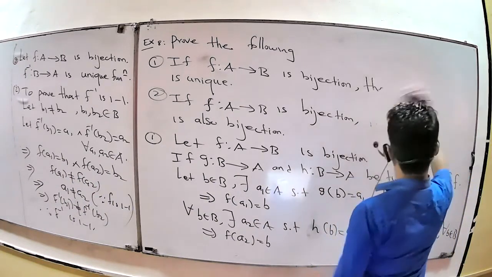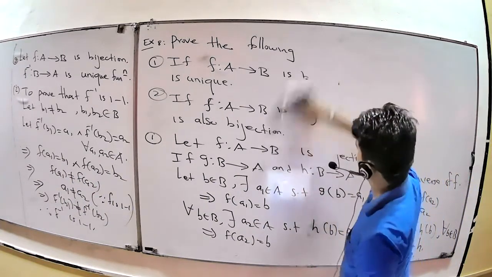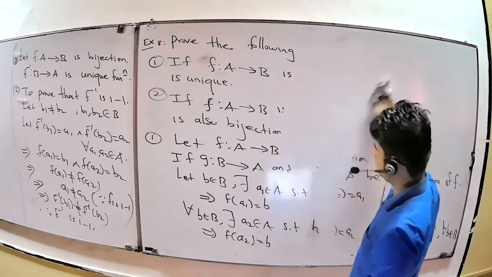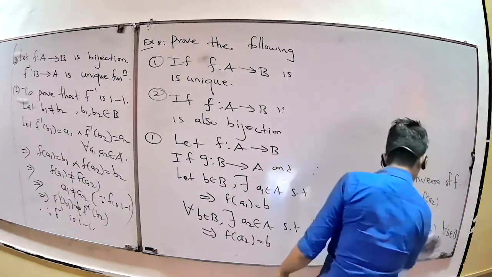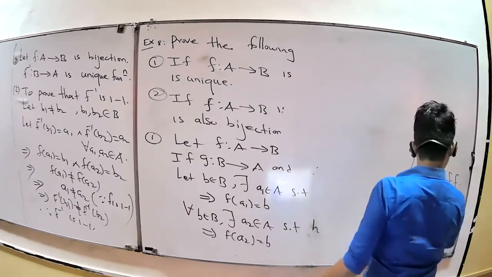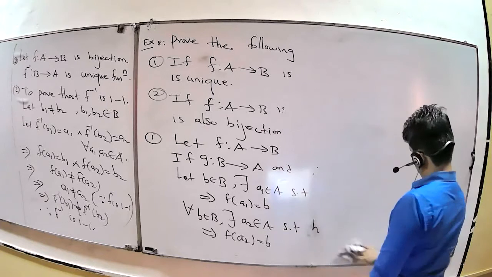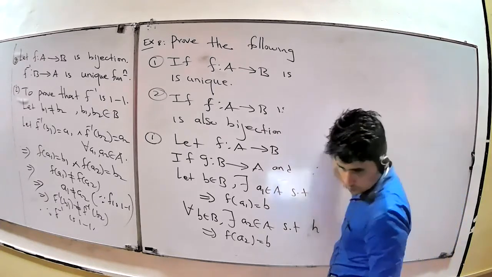Now, because you want to show that f inverse is a bijection, the remaining part is to show that f inverse is onto.